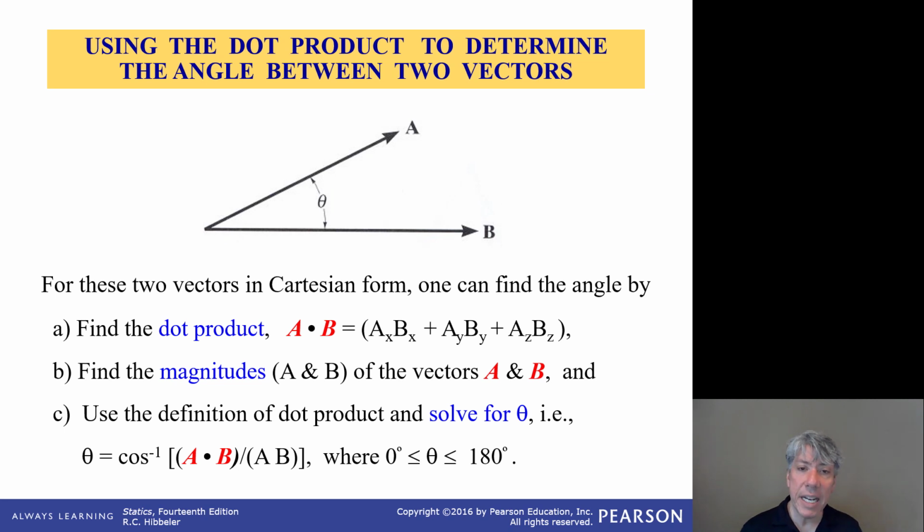Then we could find the magnitudes of A and B, and then use the definition of the dot product to solve for theta. So what we would do is take A dotted with B, divide by the magnitude of A and the magnitude of B, essentially creating the dot product of two unit vectors, and that will give us the cosine of the angle theta. Take the inverse cosine of A dot B over A times B, and there you have the angle theta, which will be the angle between the two vectors.